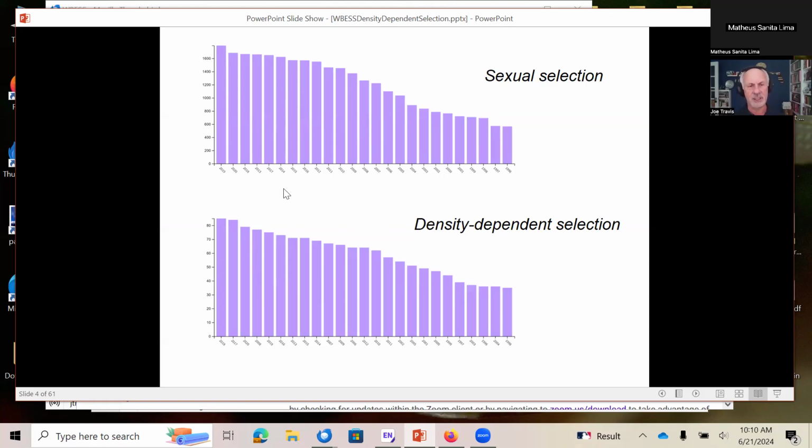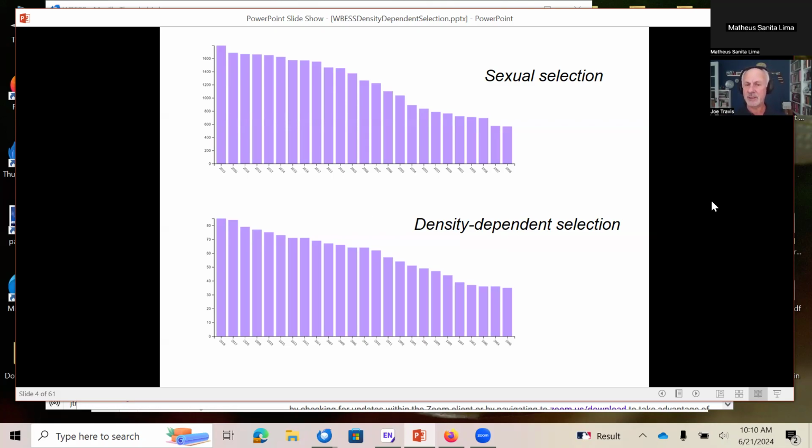More and more citations occur over time. The graphs look very similar, except that if you look at the y-axis, the vertical axis, sexual selection, at its height, has citations running 1600 to 1800 per year. Density dependent selection is running 80 or so per year, an order of magnitude fewer.